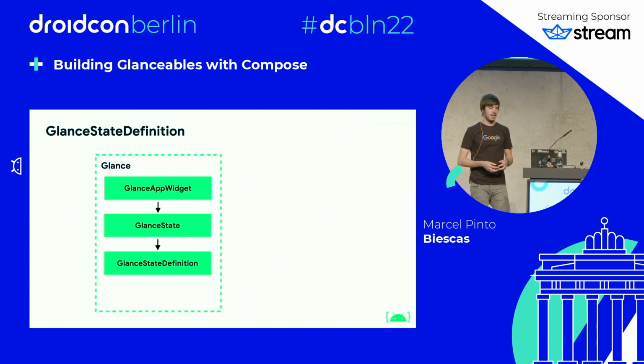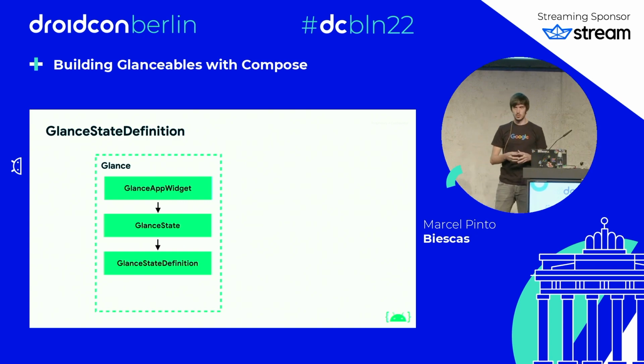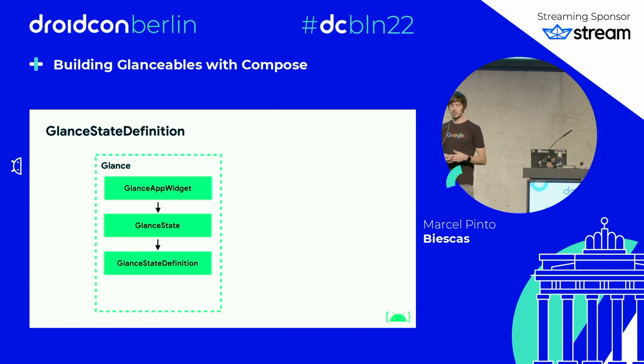And it will have a Glance state definition that tells the system how to persist and read that state from the disk. Because widgets live in a different process, you cannot store things in memory. Because maybe when your widget is requested to be refreshed, your application process might have died. So you will have lost everything you stored in memory.